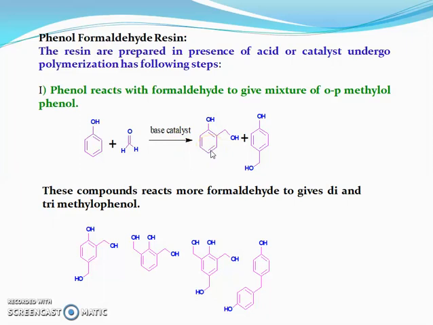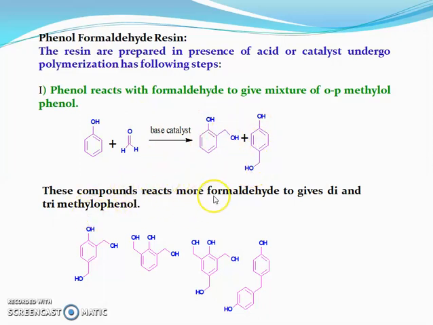The reaction takes place in these steps. In the first step, phenol reacts with formaldehyde to give a mixture of ortho and para methylolphenol. This is ortho, this is para methylolphenol.